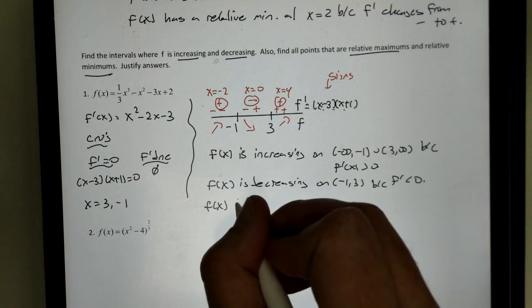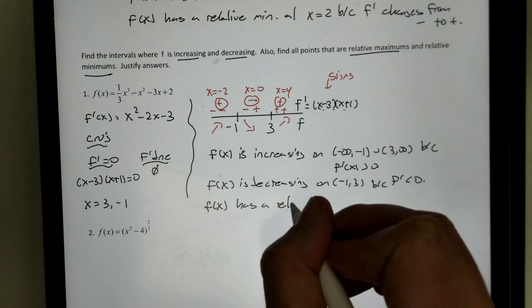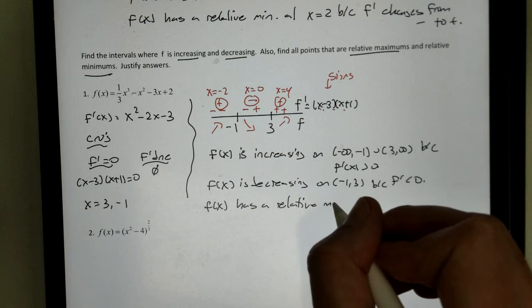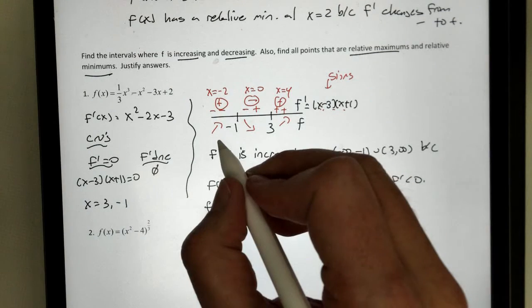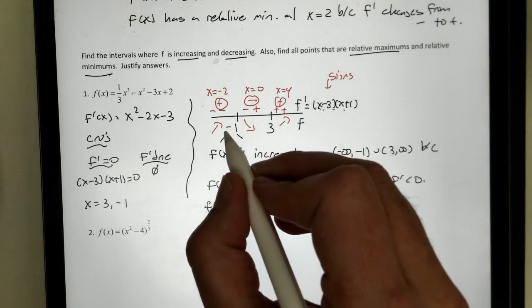F of x has a relative max at x equals, where is the slope going? Up and then down at negative 1.